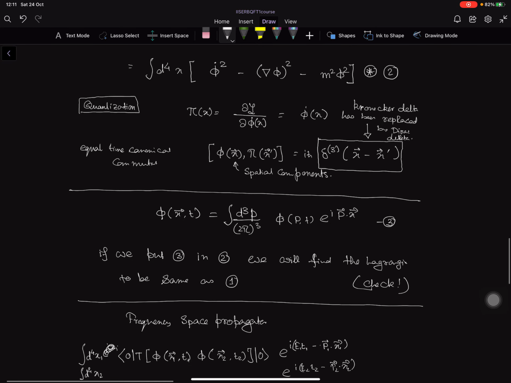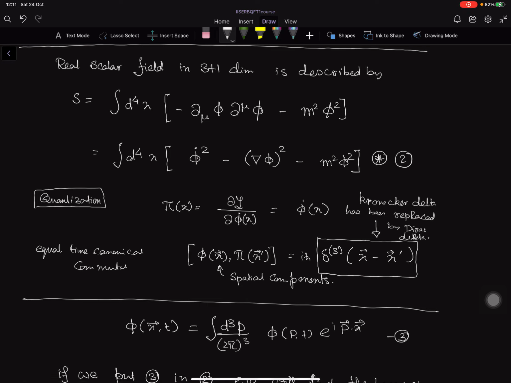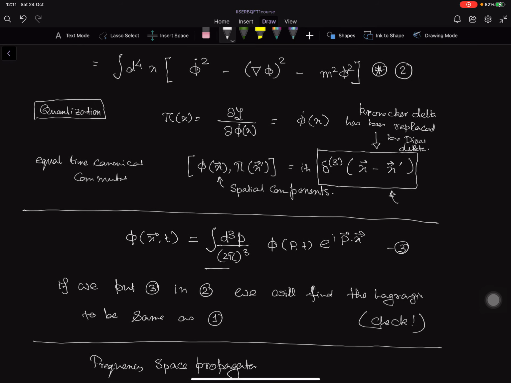Starting from the canonical commutation, you replace the Kronecker deltas by Dirac deltas, because now there is a continuous set of indices. Once you do that, and Fourier transform with respect to just the spatial coordinate, what you arrive at is a continuous collection of real scalar fields in 0 plus 1 dimension.